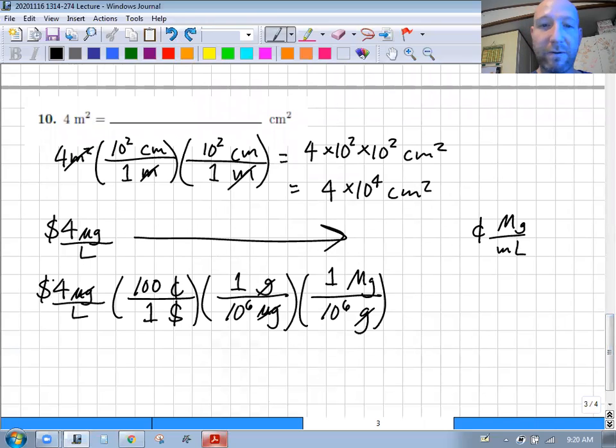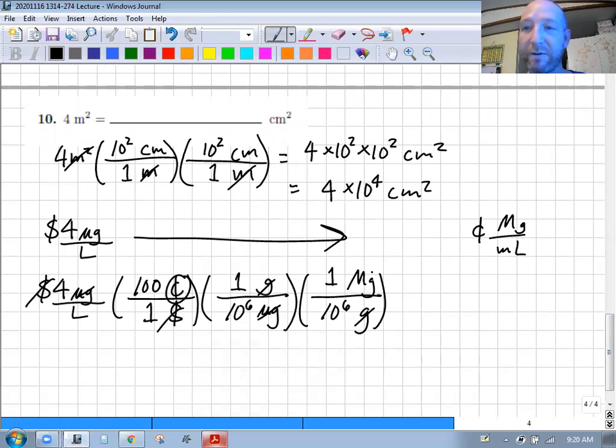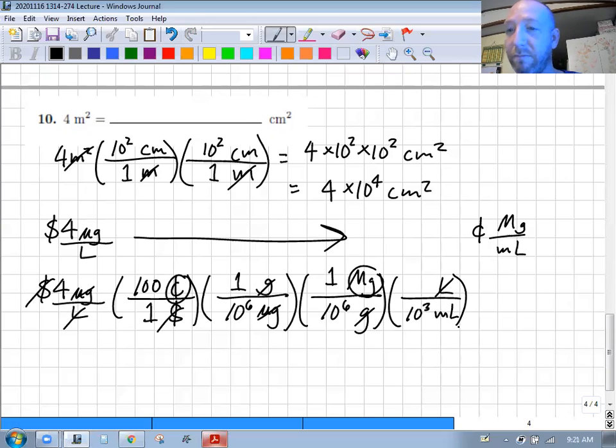So, see, I got rid of dollars in favor of cents. I got rid of the micrograms in favor of megagrams. Now I want to deal with liters. We want to convert that to milliliters. So, since the liters is on the bottom, I got to get liters on the top, so they'll cancel. Per milliliter, I know there's 10 to the 3rd milliliters per 1 liter.